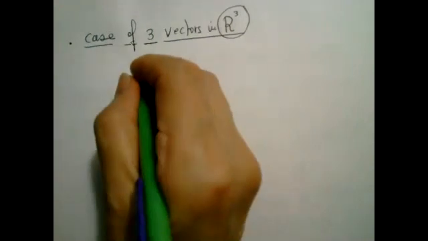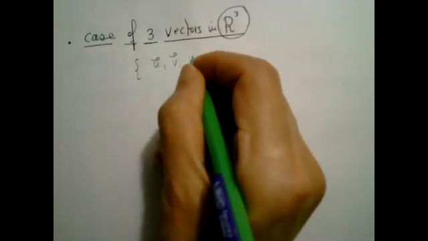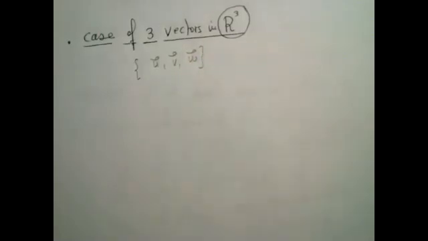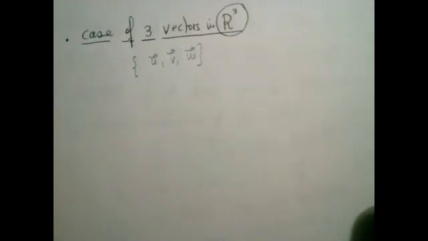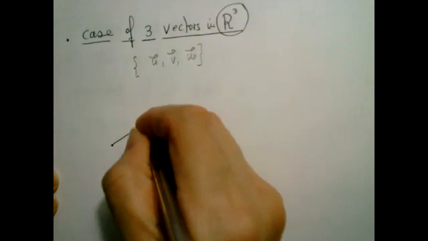So we have 3 vectors. Let me call them U, V, W. Geometrically, what should be the picture for them to be dependent? What should be the picture for them to be independent? I'll start, and then this will hopefully make you start thinking yourself. Suppose this is my U. So I am in 3 space.